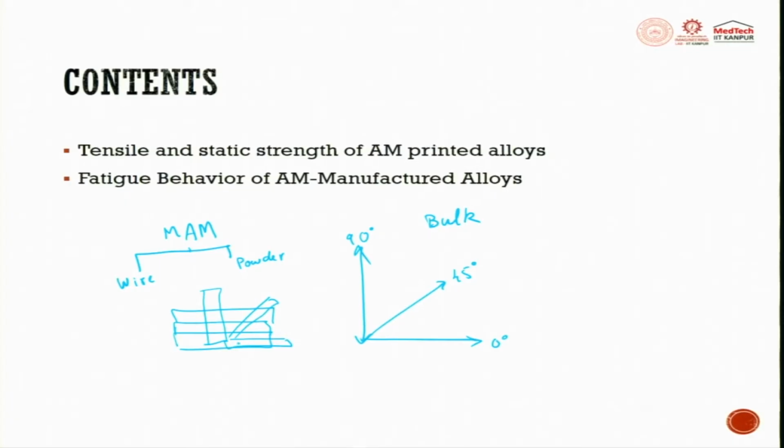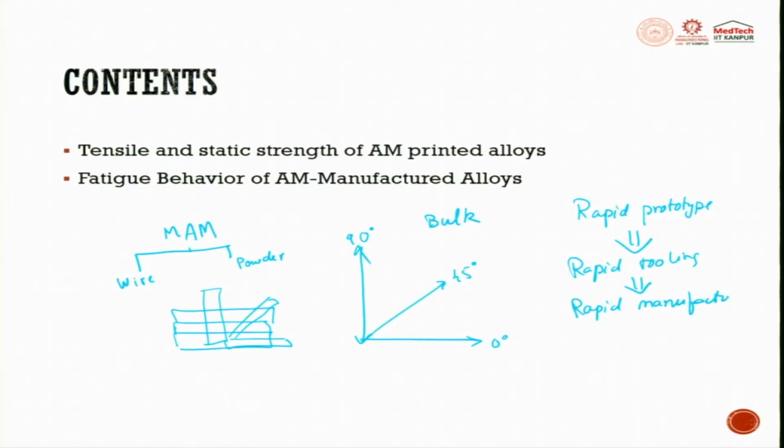Why are we focusing on this today? What was thought of till now as rapid prototyping has now converted into rapid tooling, or is now thought of as rapid manufacturing.